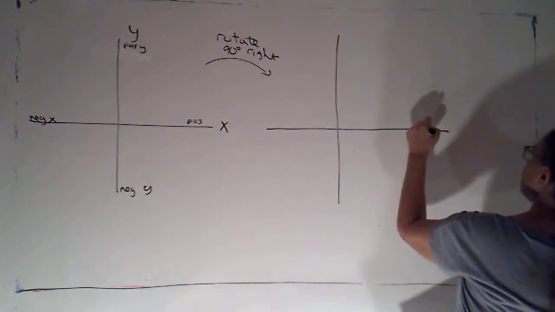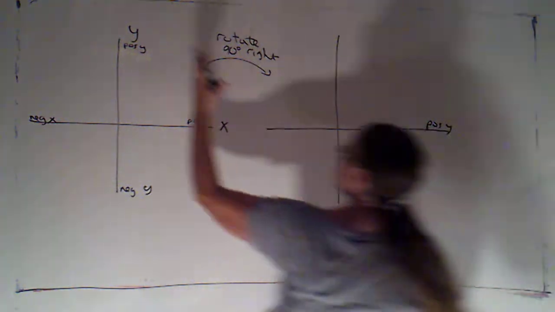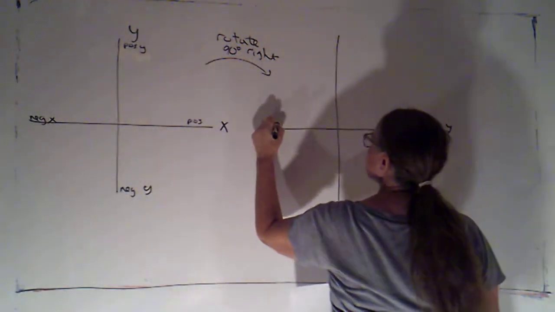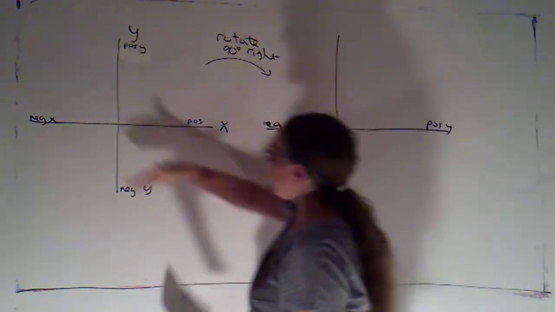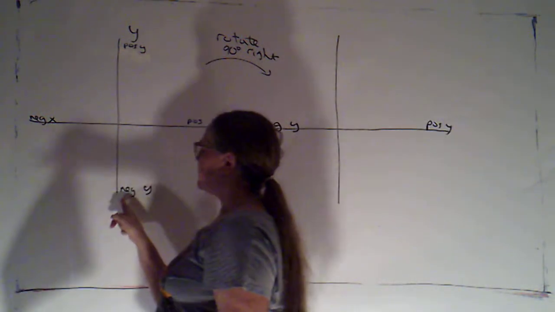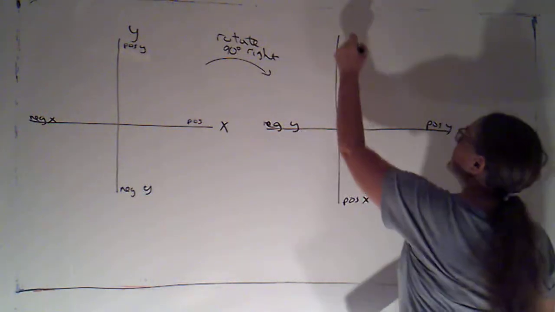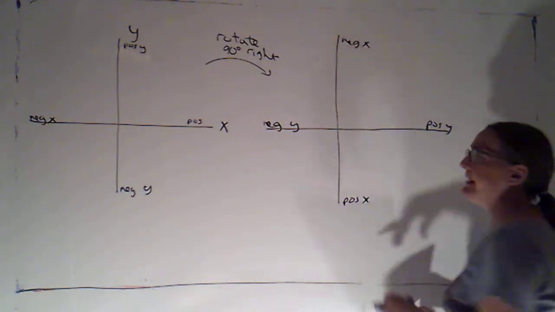Now we've got the positive y-axis sort of laid down. It's taken a nap, so the negative y-axis is over here. Now, the positive x-axis rotated down to here. So I've got positive x here and negative x here.